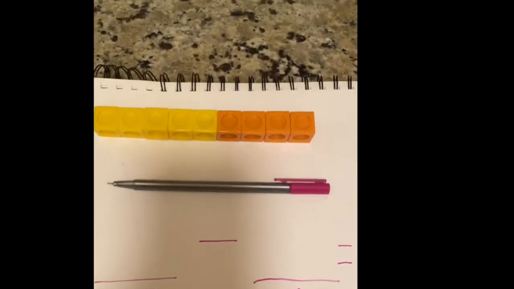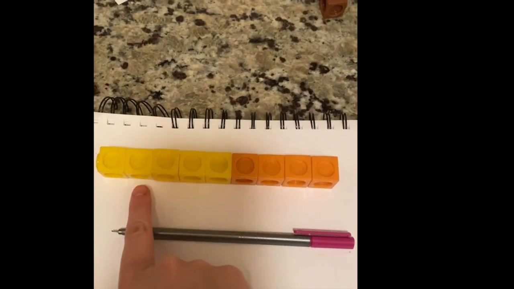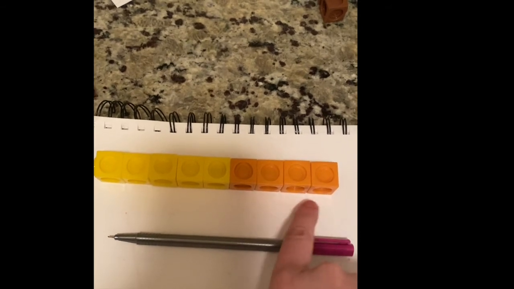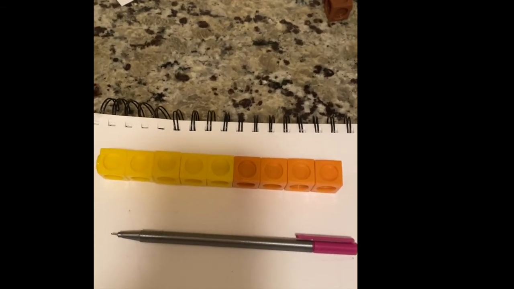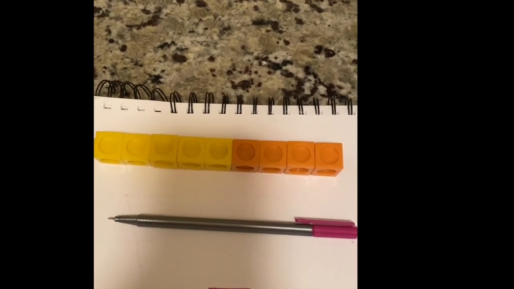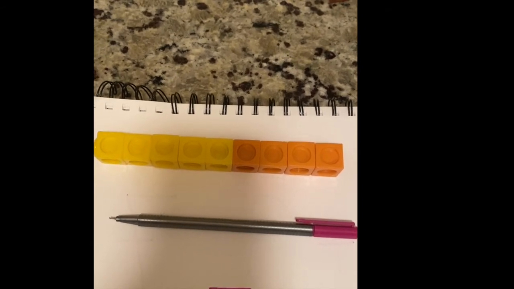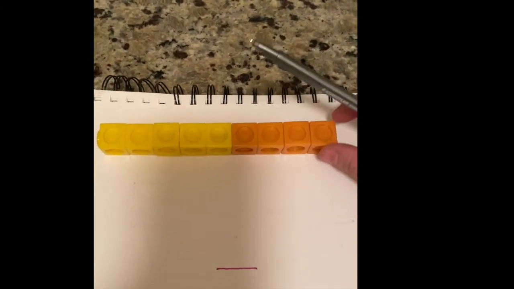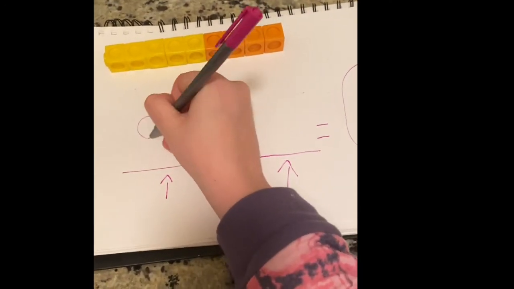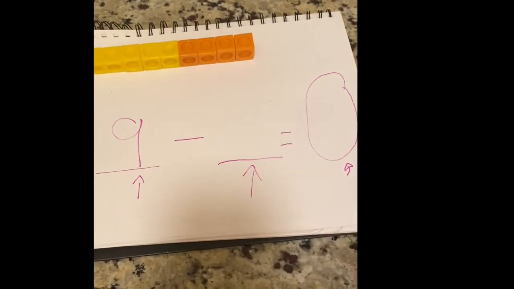So friends, count for me and tell me how many Unifix cubes we see right here. How many are there of these yellow and orange Unifix cubes, friends? That's right, friends. Good job. There are 9. So I'm going to write the number 9 right here, the first number on our number sentence.